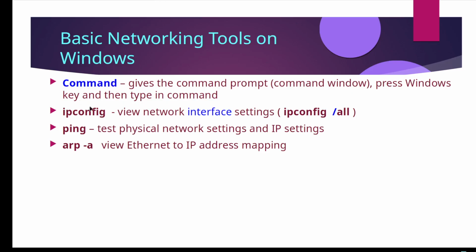All right, so we already kind of talked about these networking tools on Windows here. We have IP config. Again, this IP config is Windows only, and there's a /all option you can type, which will give you more information.